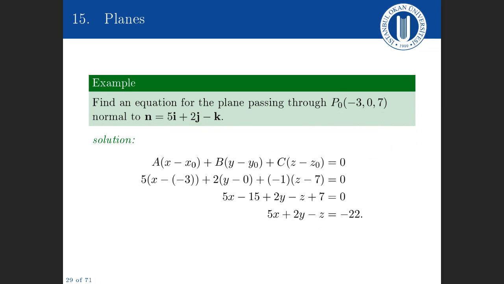Now, before I go on, for the normal vector, the numbers are 5, 2, and minus 1. From that, we know that the answer is going to be 5x plus 2y minus z is equal to something. This whole calculation was to find that the something is minus 22.